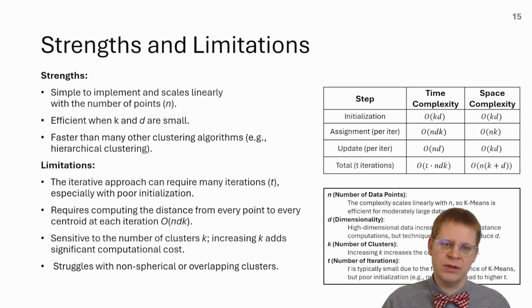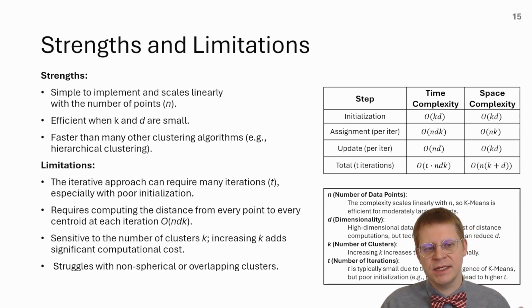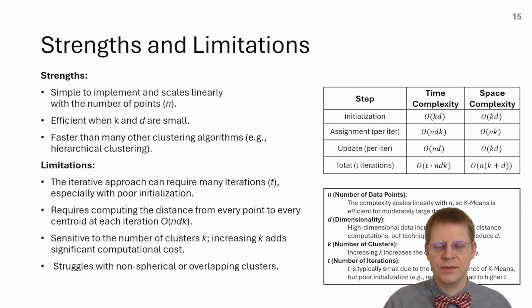It is scalable. Its time complexity scales linearly with the number of data points, so it's efficient for moderately large datasets. And for low-dimensional data and a small number of clusters, K-means is incredibly fast, outperforming more complex algorithms.